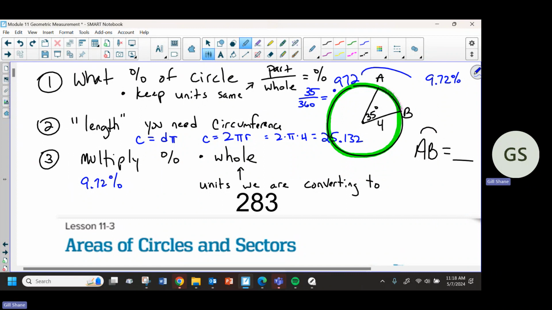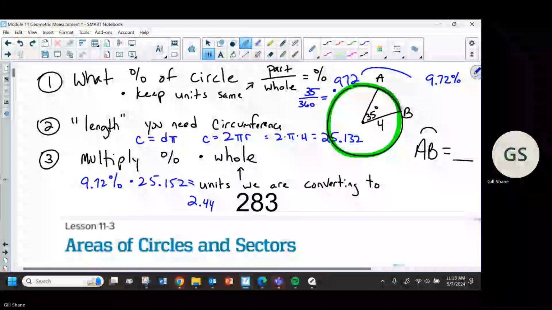So you have to hit that button times 25.152. And that equals, what do you get? 2.44. So not even close to my 7, I guess.